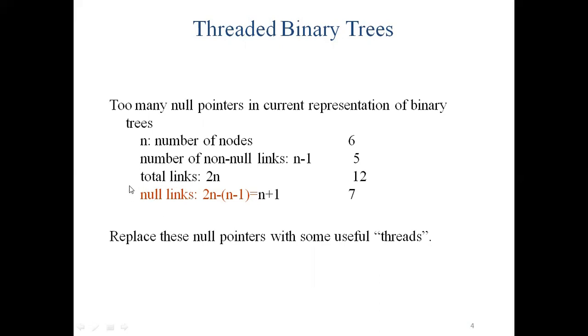So total number of null links can be counted by this formula, total number of links minus total number of useful links. That will give you total number of non-useful links, or the links which are holding only null pointers. And that comes out to be 7. So here 7 non-useful links are used, whereas useful links are only 6.